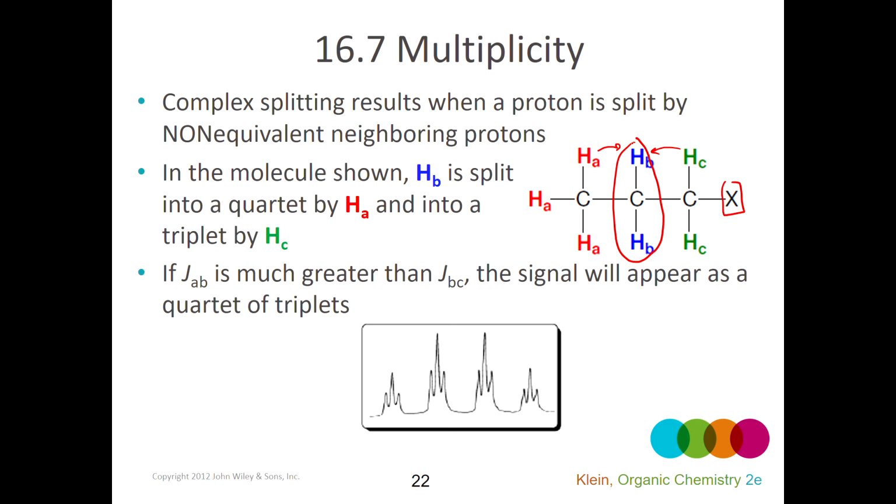So when I have two different types of hydrogens in HA and HC that are both splitting HB, they may or may not split with the same coupling constant. So we have a couple different scenarios that we might observe.